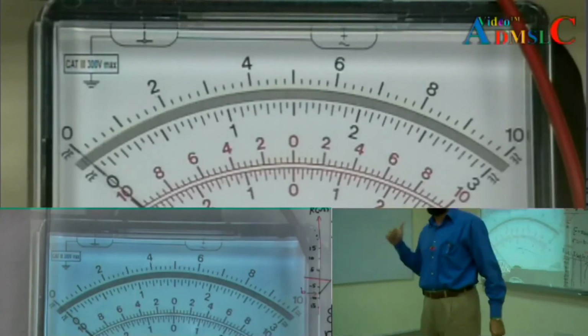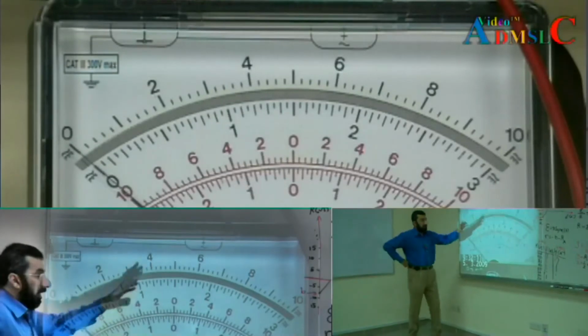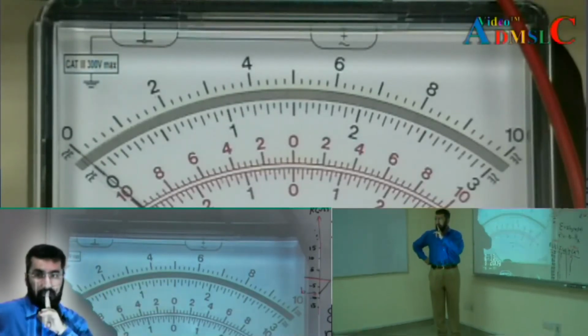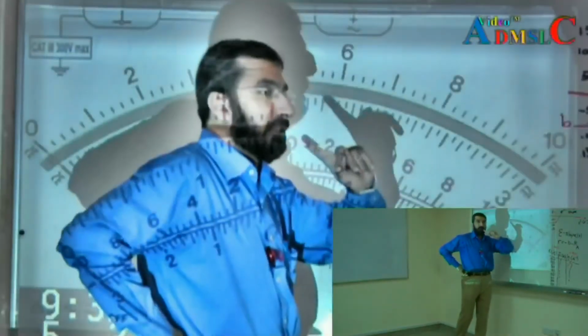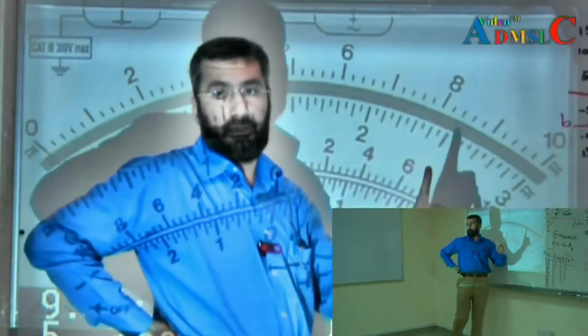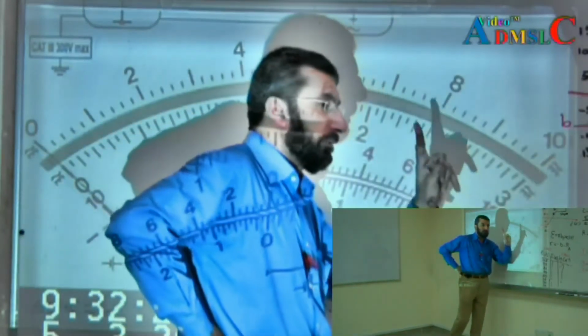So I will read the ammeter now. I put it on 1 ampere, right? When I put it on 1 ampere, the maximum value is 1 ampere. So this represents 1 ampere.